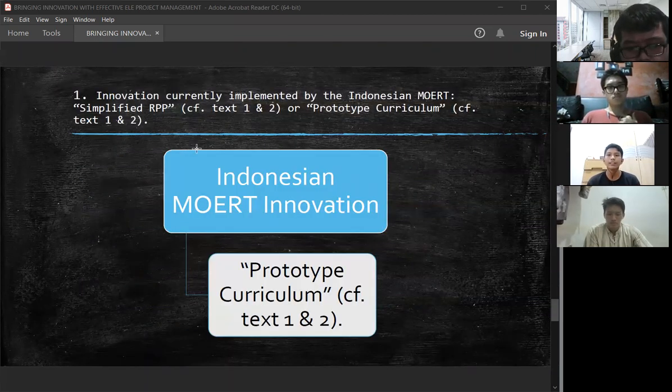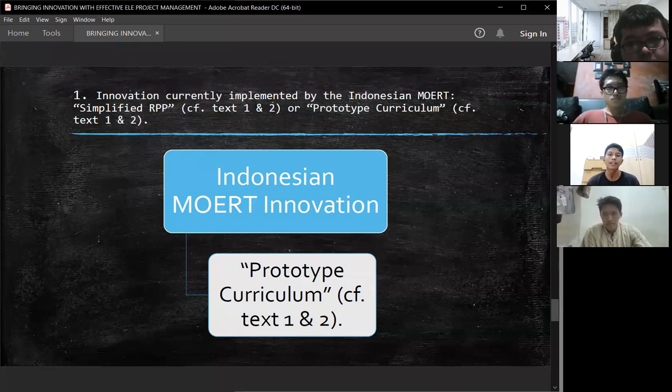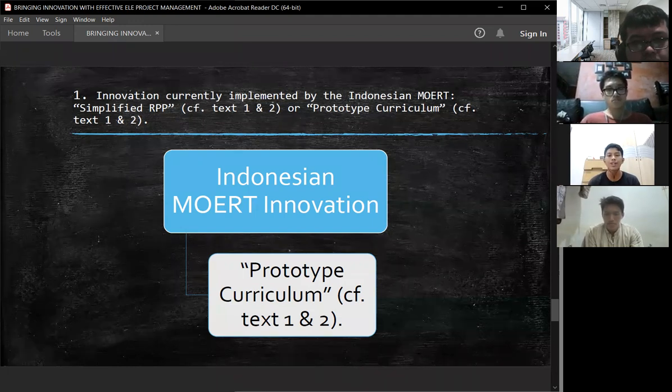This is the policy from the Indonesian Ministry of Education, Culture, Research, and Technology. So we choose the prototype curriculum based on those innovations related to Curriculum Merdeka. We try to analyze potential problems of the initial education innovation in Indonesia.